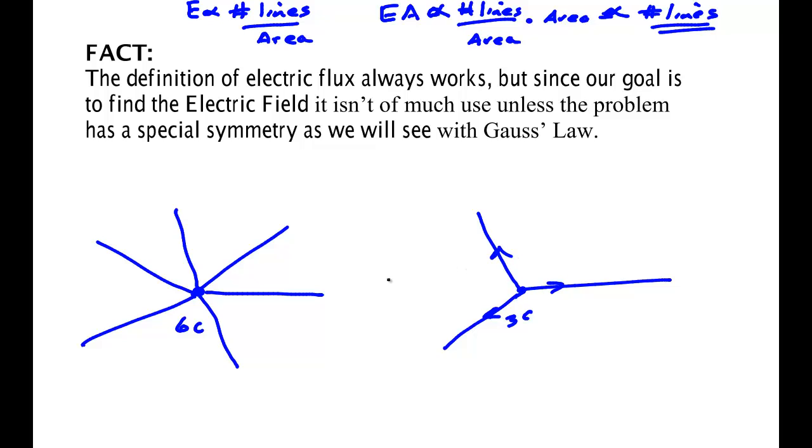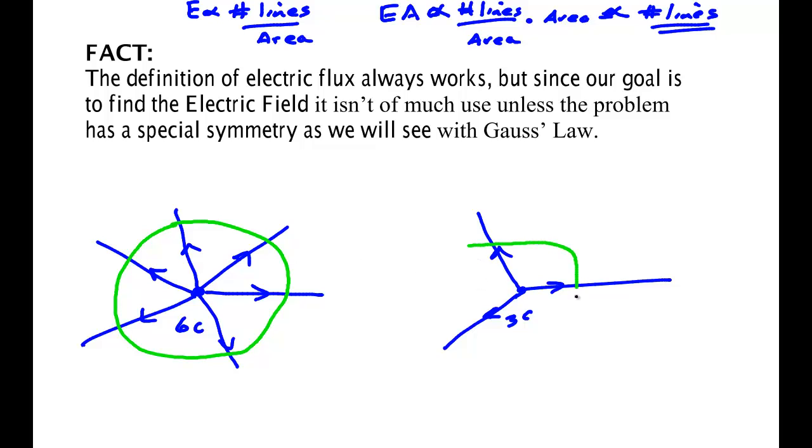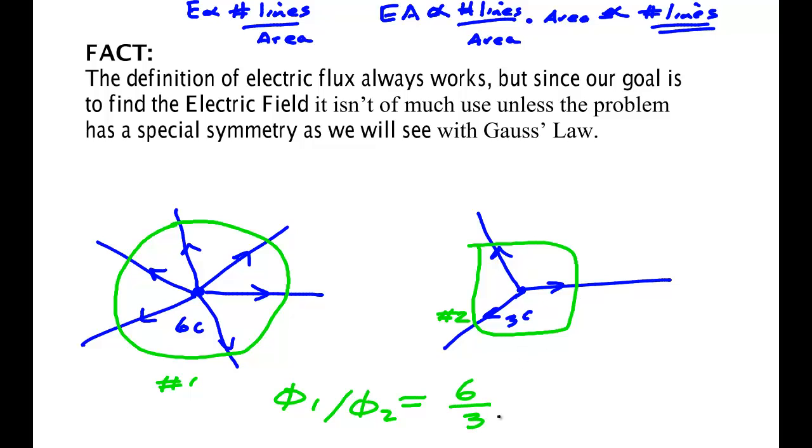And you were to look at some sort of fixed surface, and it does not depend on the shape that you put. Then the flux for this one, which I'll call number 1, divided by the flux, which over here I'll call number 2, is the number of lines here, 6, divided by the number of lines there, 3.